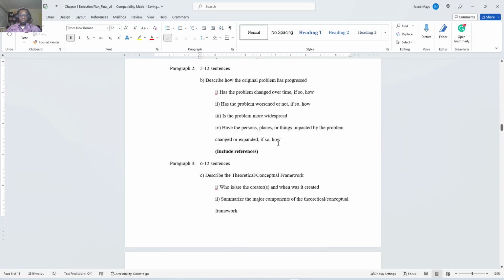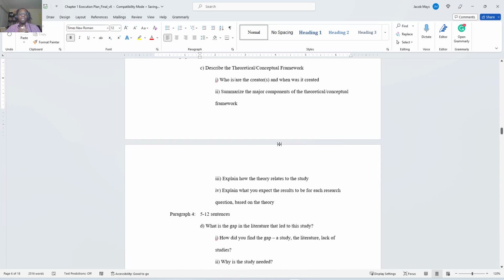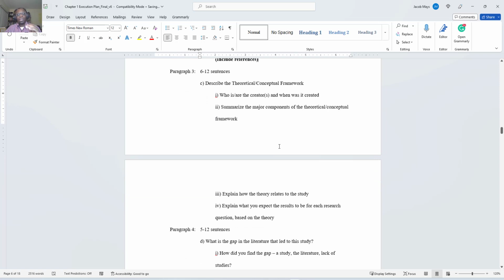Okay? Third paragraph. And again, you're going to write this paragraph by paragraph. This is just a summary. Paragraph 3. Describe the theoretical or conceptual framework. So, if you're conducting a quantitative study, it's going to be a theoretical framework. If you're conducting a qualitative study, it's going to be a conceptual framework.